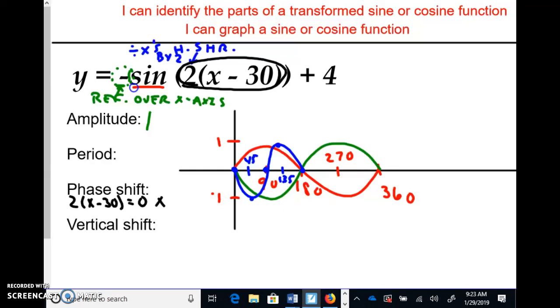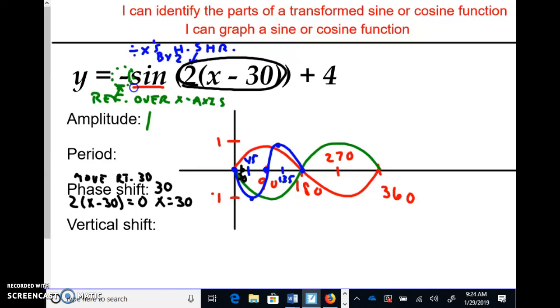And so x will equal 30 when you solve that for x. Your phase shift is 30, which means move it right 30, in this case 30 degrees. So 0 moves to the right 30 degrees, which is before 45. So we will plot a point at 30.